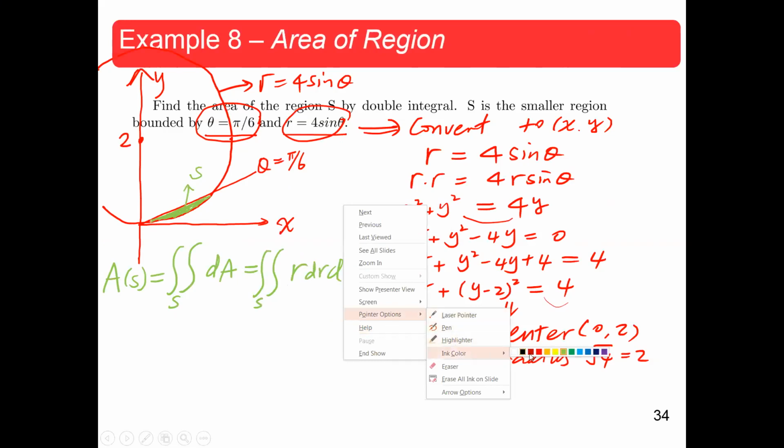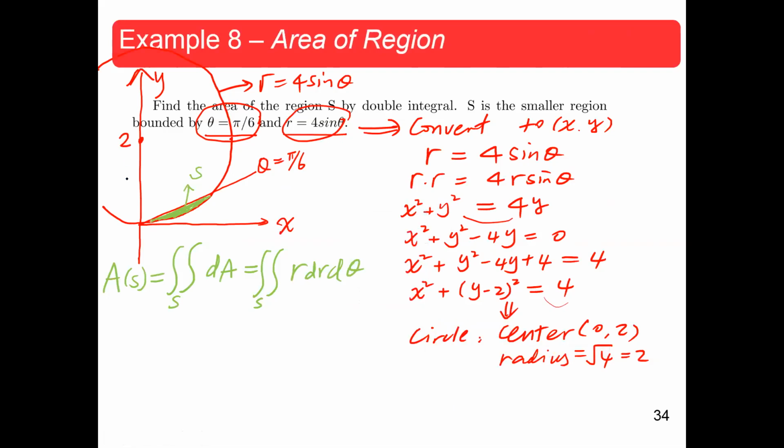First of all, we need to make sure whether this is the r symbol or the theta symbol.